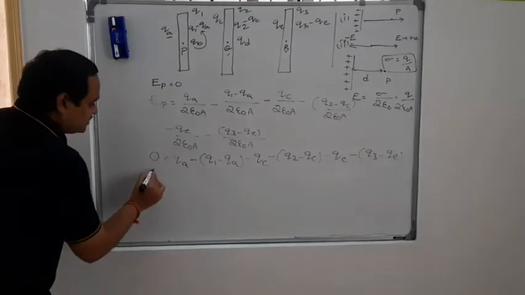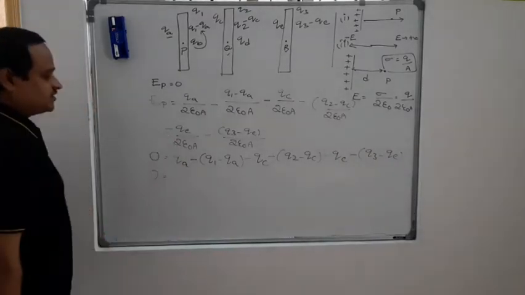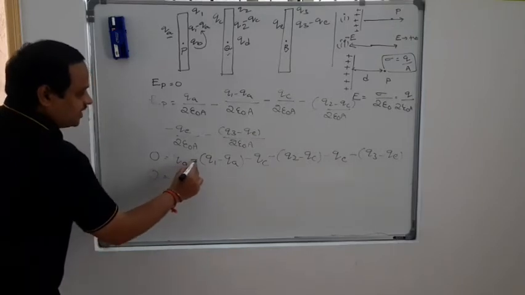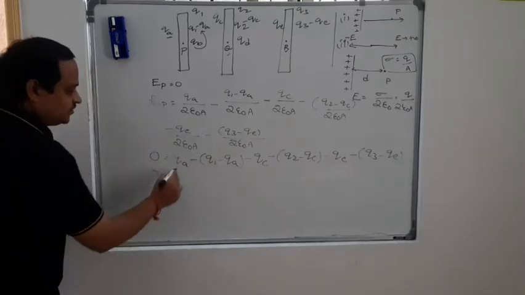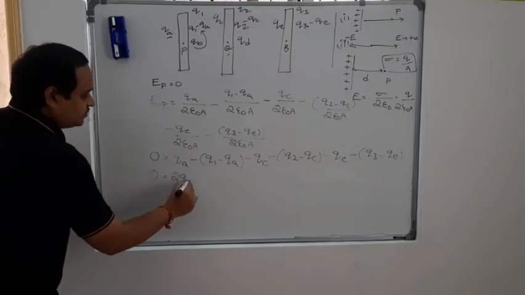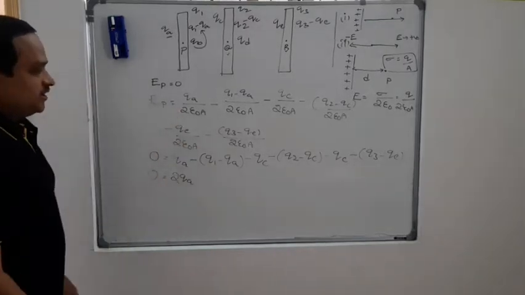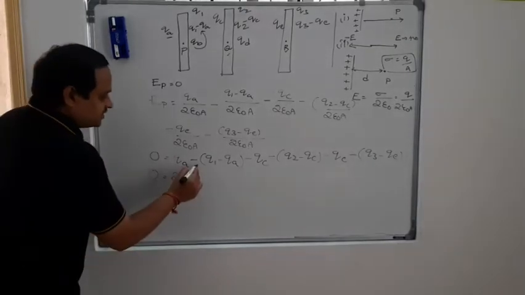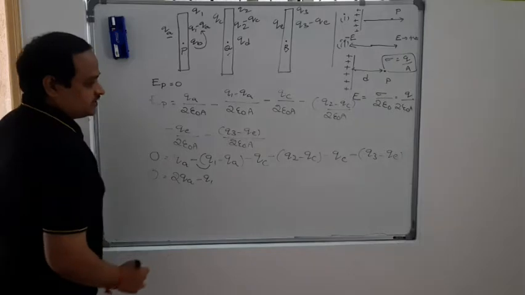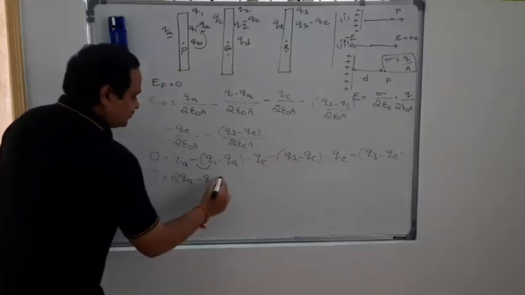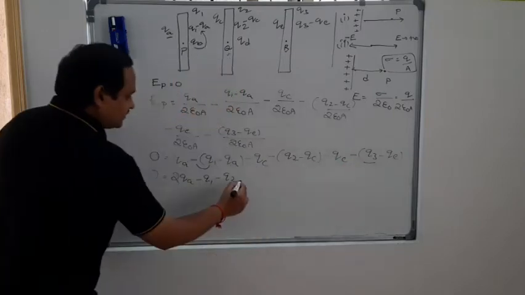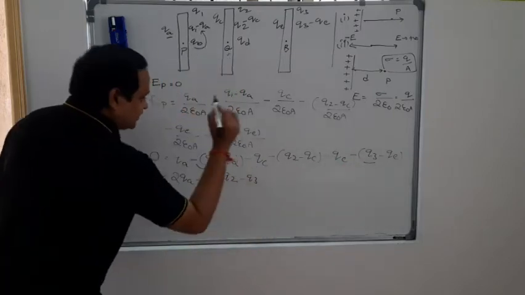Now 0 is equal to, so let us write down QA minus of minus plus. So QA plus QA becomes 2QA, and this is minus Q1. Next, minus Q2. Next, minus Q3. I'm writing this way.